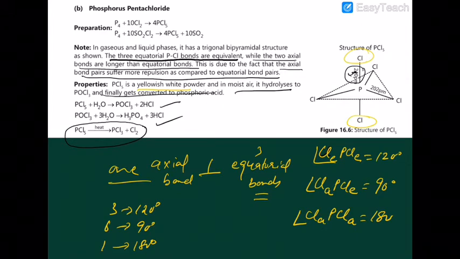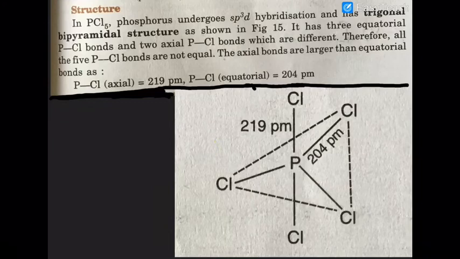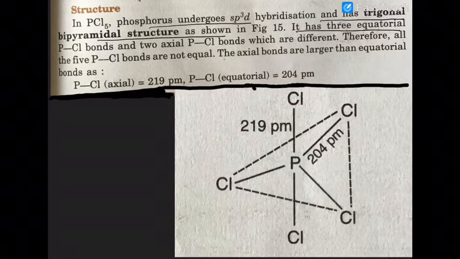I'm repeating once more, the axial bond length. Now in PCl5, phosphorus is sp3d hybridized and has a trigonal bipyramidal structure. It has three equatorial P-Cl bonds and two axial P-Cl bonds. We have discussed at length already.